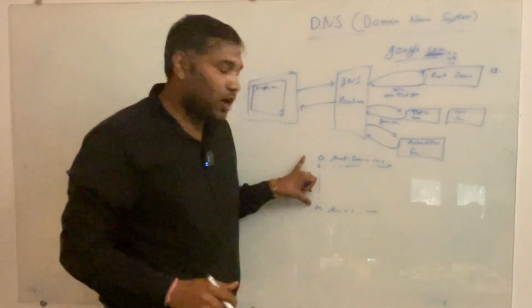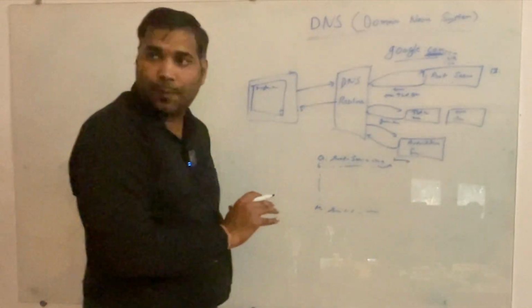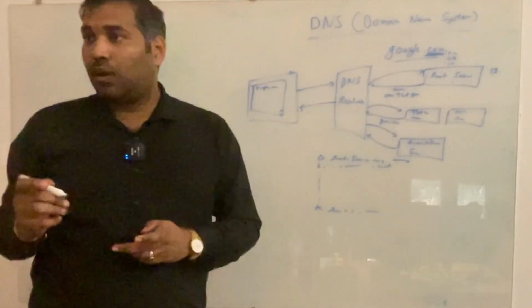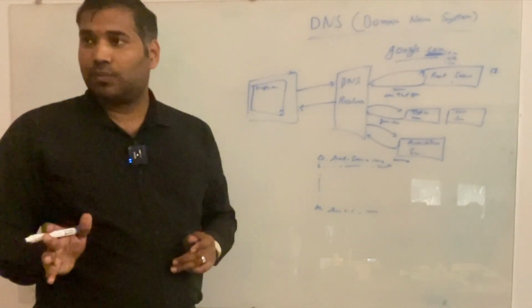So there are 13 total root servers and they have certain fixed IPs. So this is all about how the IP gets resolved. Is it clear till now?